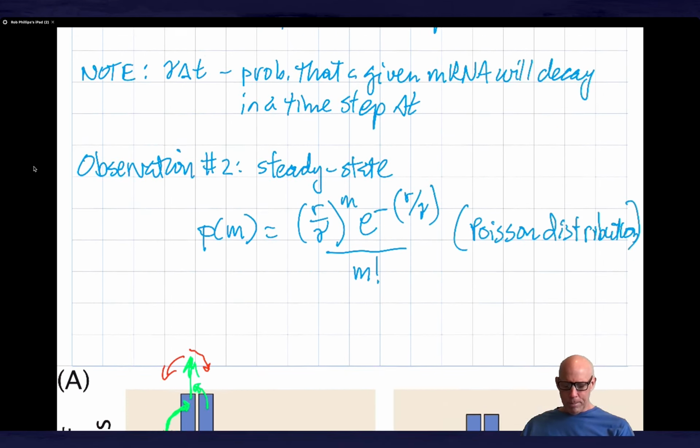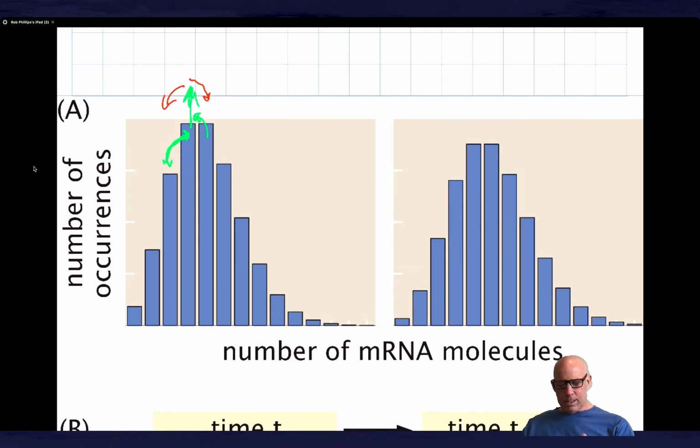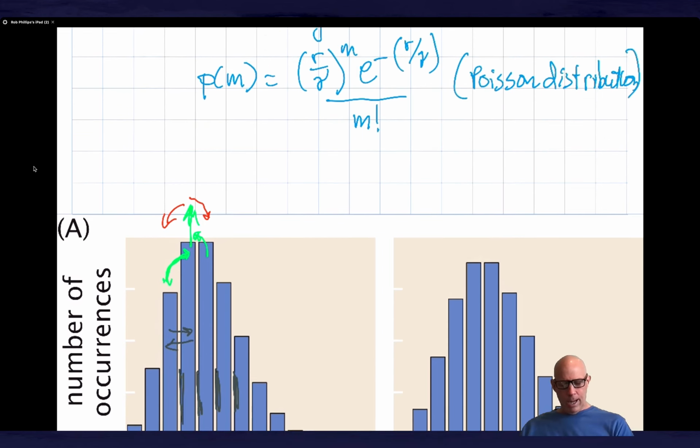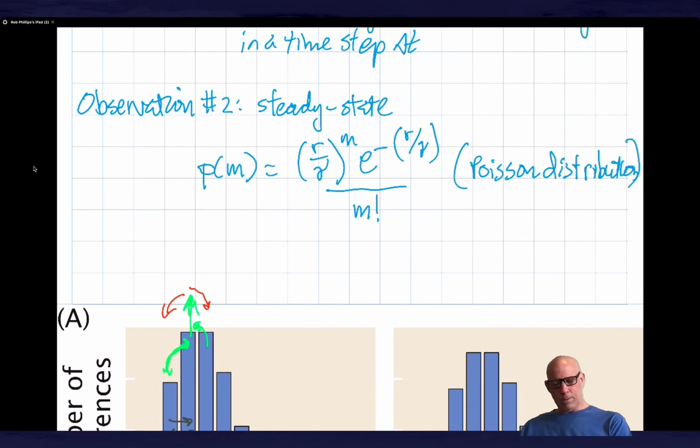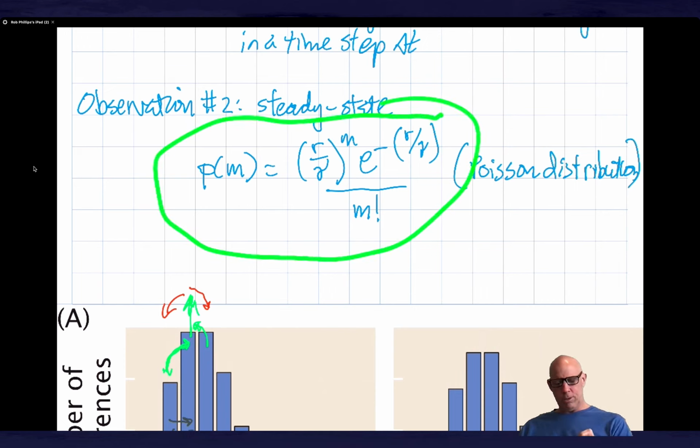All that we did at that point, you might remember, is we set up what I'll call detailed balance, in the sense that we looked at a given interface and we just made sure that the amount flowing right and the amount flowing left balanced each other on every one of these interfaces. That was the logic of what we did, and when we did that, it led us to this distribution, which is the Poisson distribution.